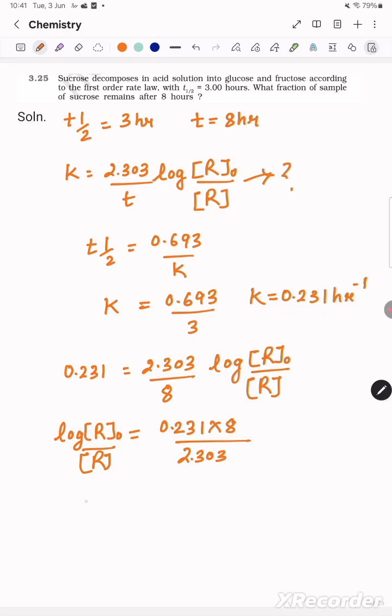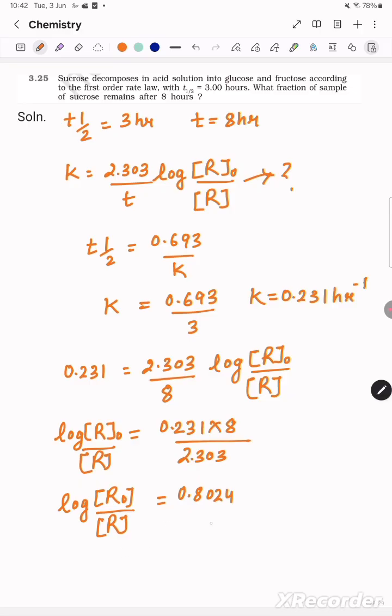So after solving, how much do we get? Log R naught upon R is equal to 0.8024.